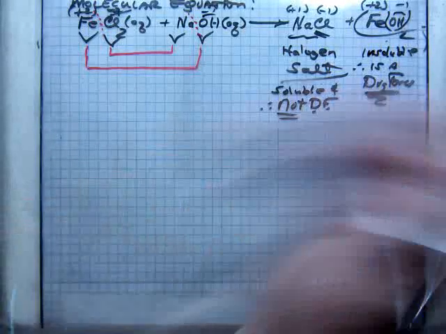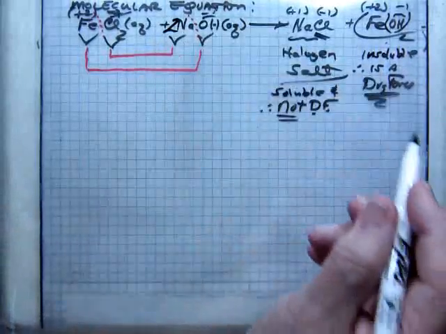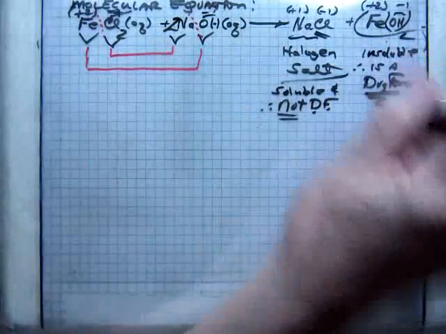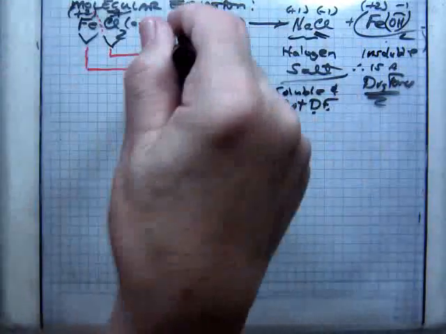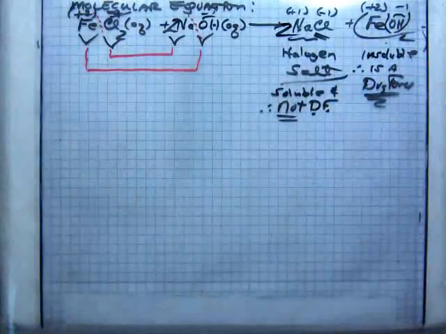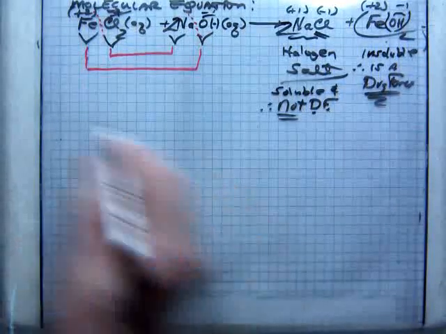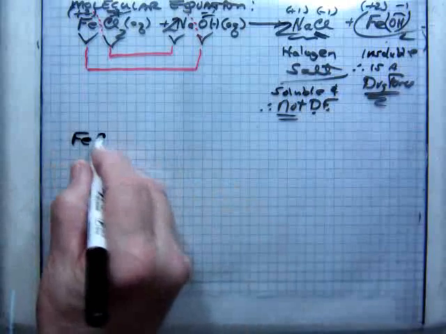Now, of course, if it's not balanced, we want to balance it. You probably balance it before you make a decision on driving forces. So we have to have 2 hydroxides on the left, 2 sodiums here, and that will balance the reaction. So there's your balanced molecular reaction there. I'll clean it up so you can see it in total.